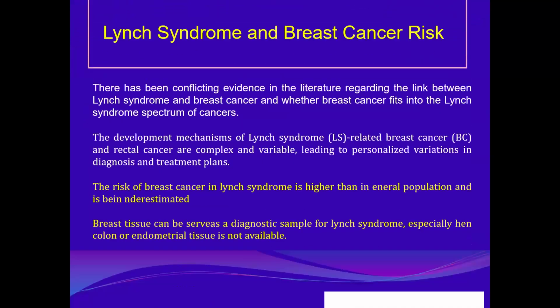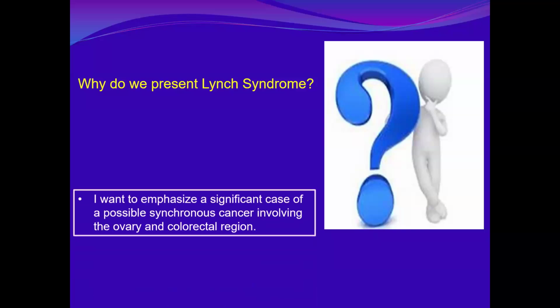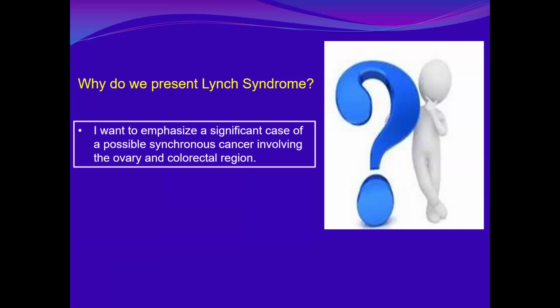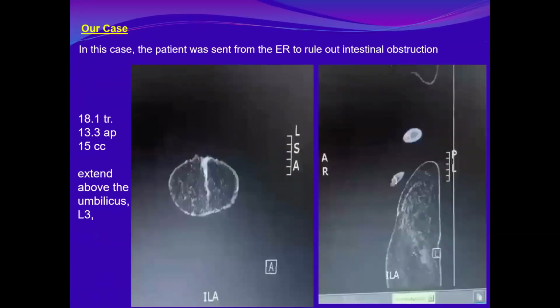Okay, thank you. Why do we present Lynch syndrome, and why do we present our case today? I want to emphasize a significant case of a possible synchronous cancer involving the ovary and colorectal cancer, and this is an infrequent occurrence that requires immediate attention.